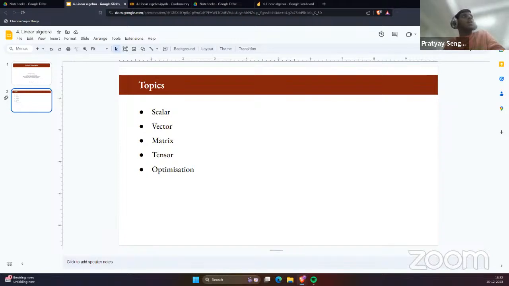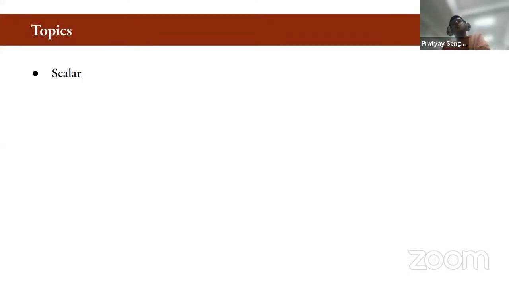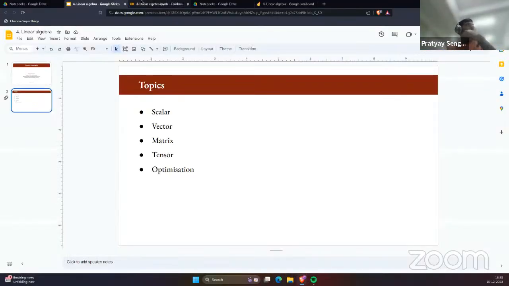In matrices, we saw how to multiply, add two matrices, all those scalar operations, and then matrix product, matrix square, then rank of a matrix, singular value decomposition, then nullity and null space of a matrix. Then we saw how we can use matrices for simple solution of multiple linear equations, and then moving to tensor basics, what is a tensor, sum and other scalar things of a tensor, dot product. And finally the optimization using these matrices.